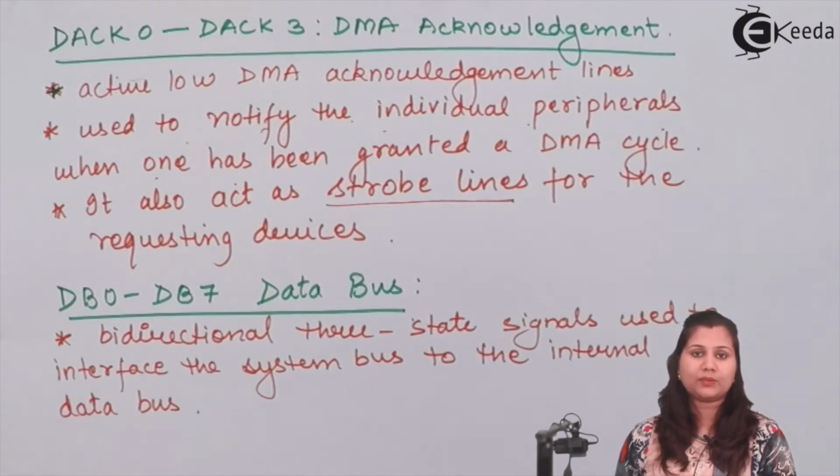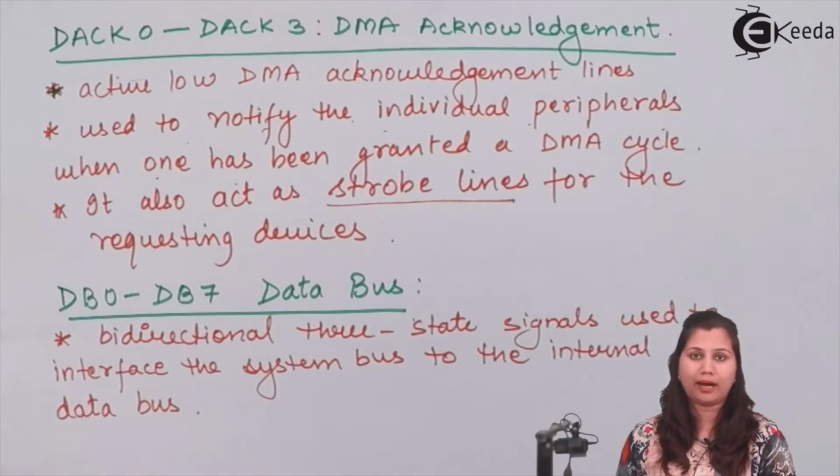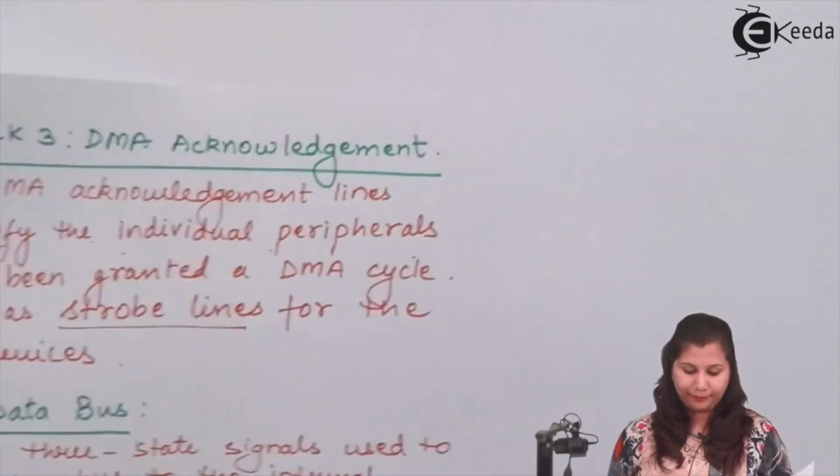The DMA works in two modes, the slave mode and the master mode. In the slave mode, this data bus carries the command words, and in the master mode, it sends the higher bytes of the address to the 8257.